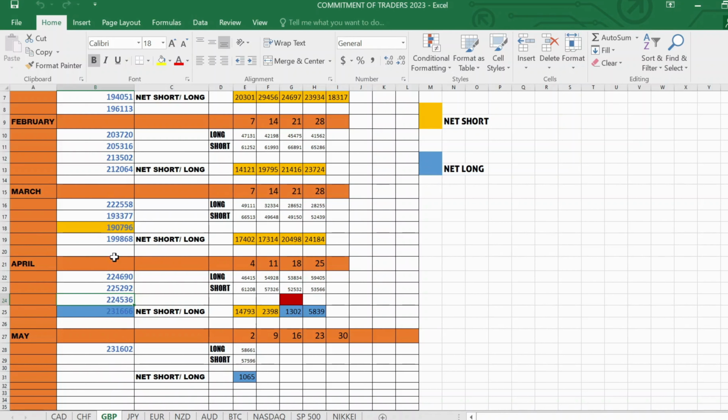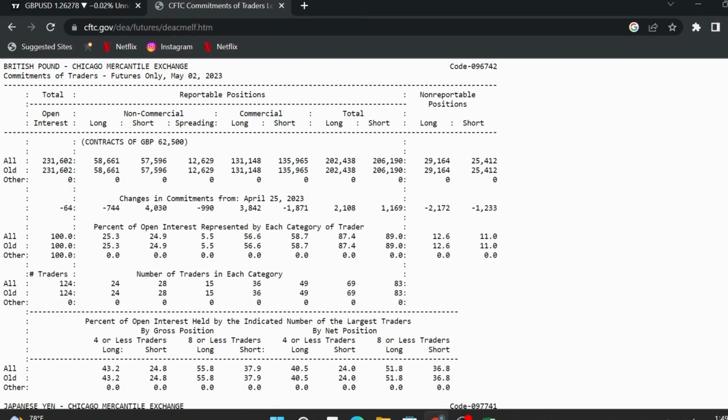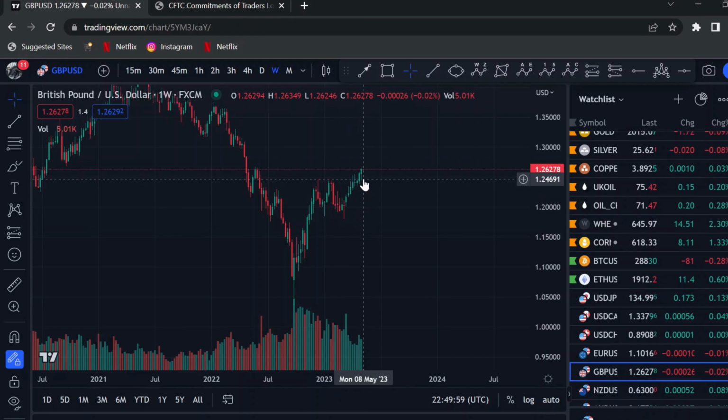So if we were to look at the pound chart, you can see the market recently just broke out, and the last few weeks we had some of the highest volumes, which was accompanied by a breakout at the 1.2450 level, and this is a point at which sentiment in the COT has changed from bearish to bullish.